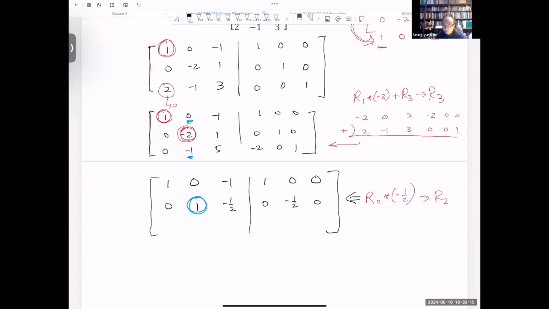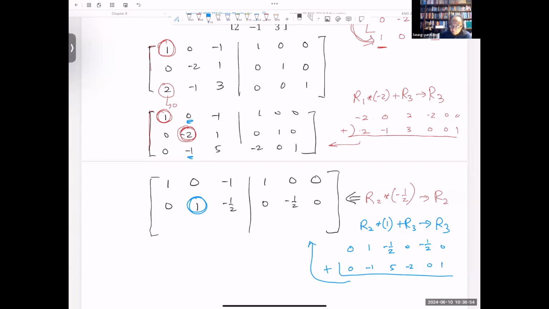And to get the bottom 0, we have to use R2. R2 times 1 plus R3, put it back to R3. So R2 times 1 is just R2: 0, 1, negative 1 over 2, 0, negative 1 over 2, 0. And then R3, we have 0, negative 1, 5, negative 2, 0, 1. Add that and put it in there.